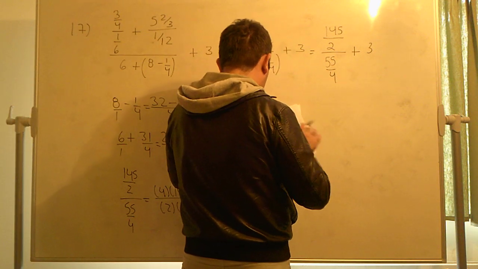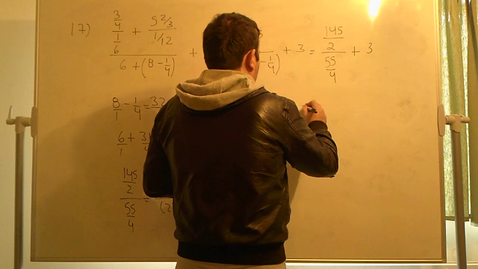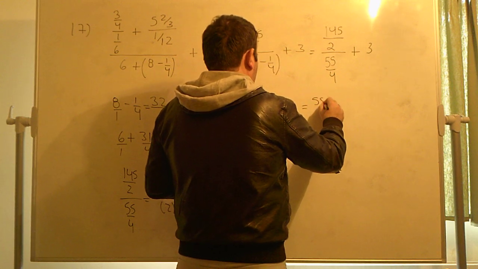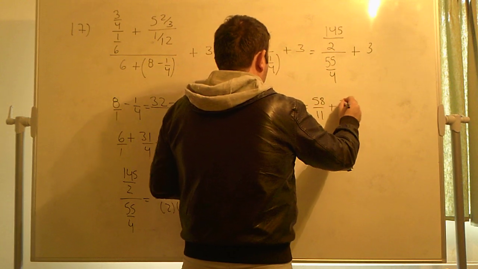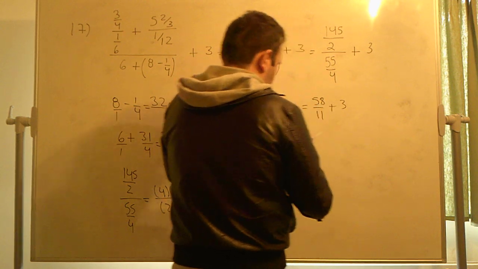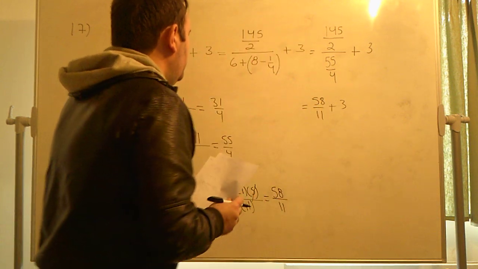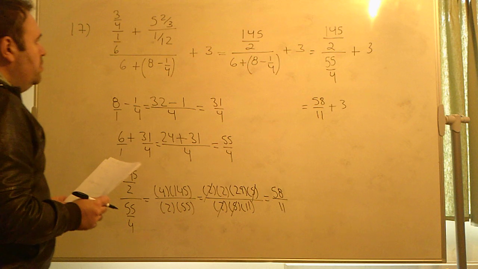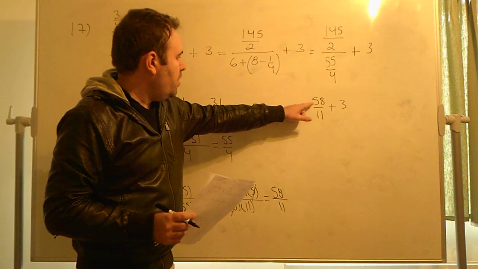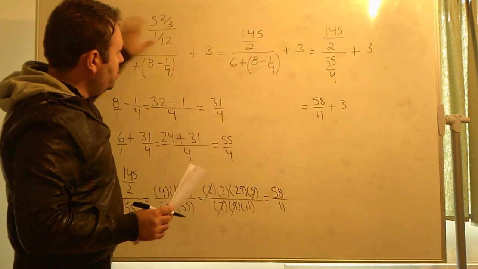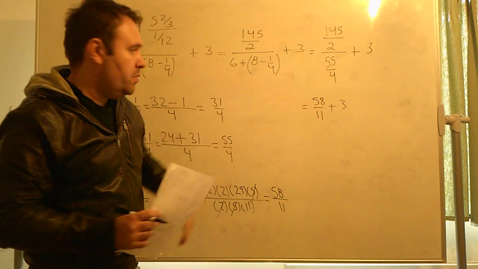So now we have 58 elevenths plus 3. So all this fraction is equal to 58 elevenths.